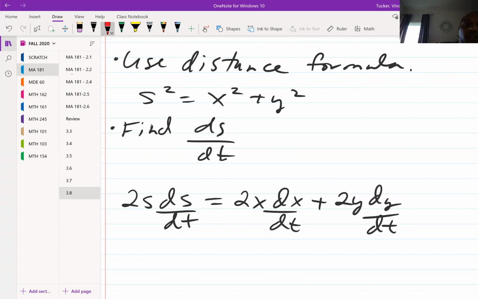Also, we can recognize this relationship for s if we take the square root of both sides. Might need that in a second.